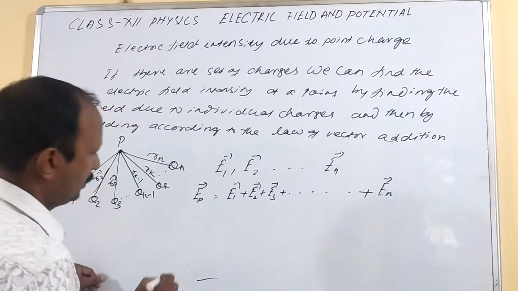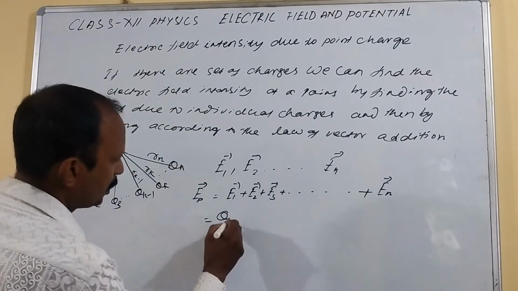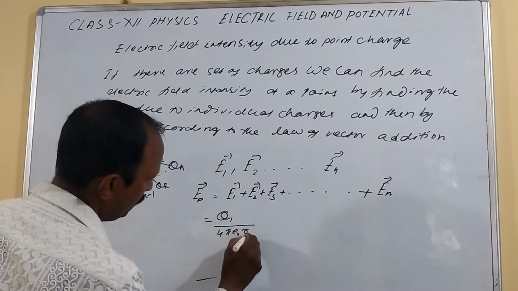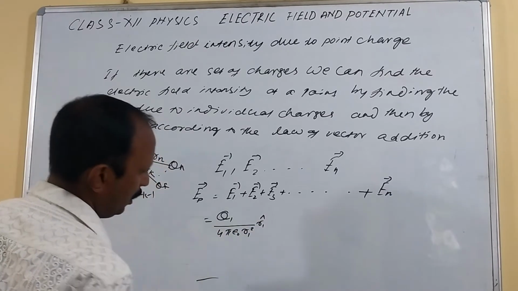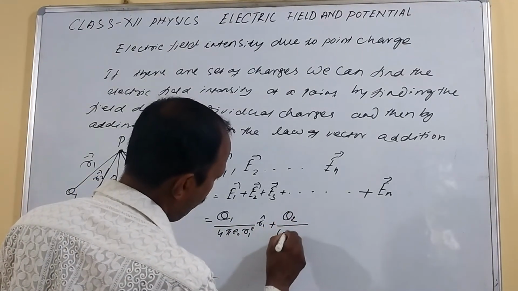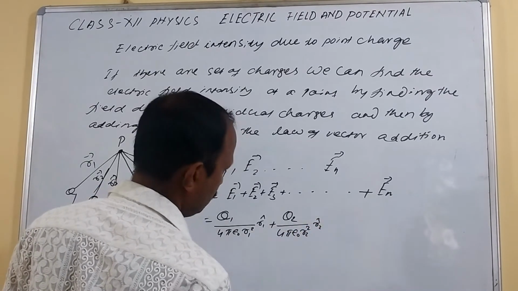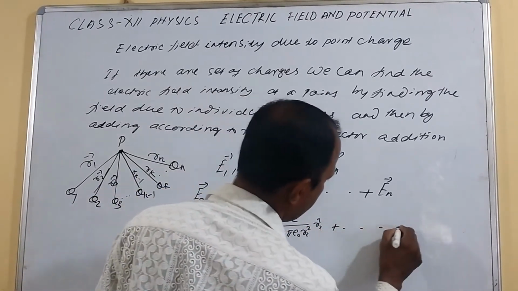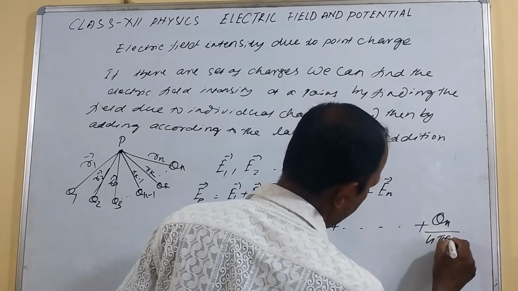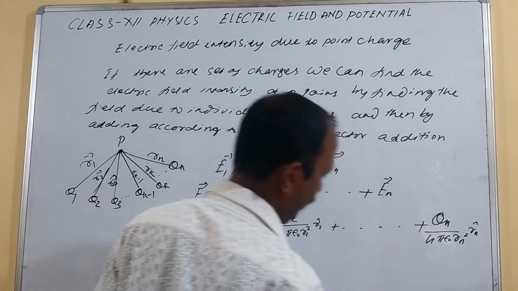I can write that this is equal to Q1 upon 4 pi epsilon naught R1 square, this is the R1 unit vector. Similarly, Q2 upon 4 pi epsilon naught R2 square, this is R2. Like that, I can find Qn upon 4 pi epsilon naught Rn square, Rn unit vector.